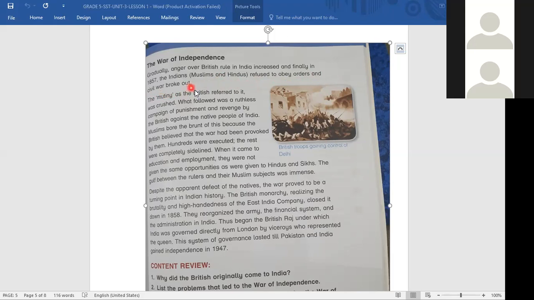Till here, Suleiman. I want others also to read.